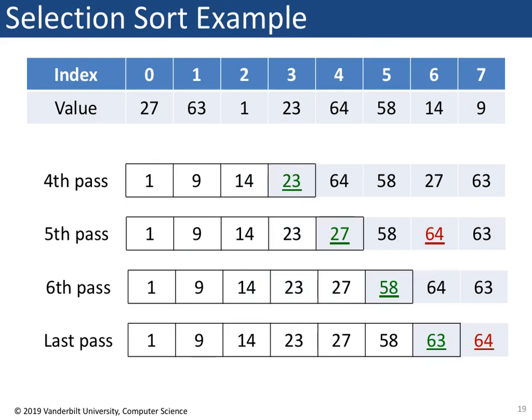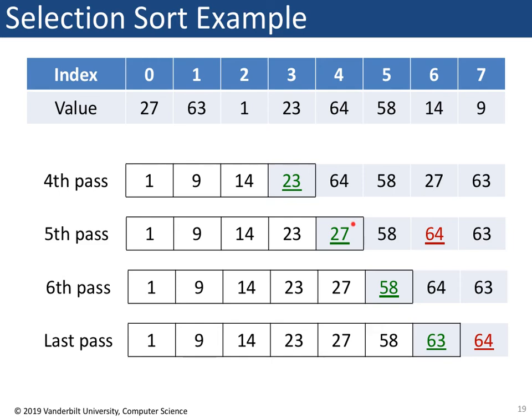Picking up where we left off, we searched that array, found that the next lowest value was 23, but 23 already occupies the next element, so we didn't have to swap it. We search for our fifth pass and find the next lowest is 27.